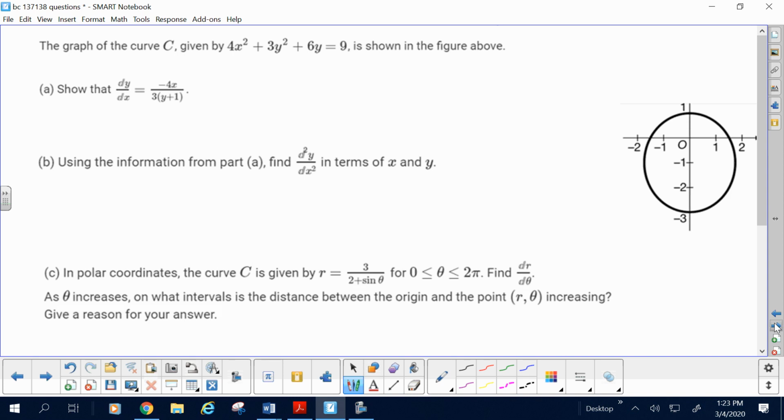A, I assume that it went okay because you have implicit skills, but I will mention this. When the question says, show the answer is, on the AP test, they're giving you the answer because they don't want you to be out for parts B, C, and D. That said, to earn the credit, it's not enough to find the derivative like you normally would, skipping steps all over and being able to say, hey, look, I got the right answer.